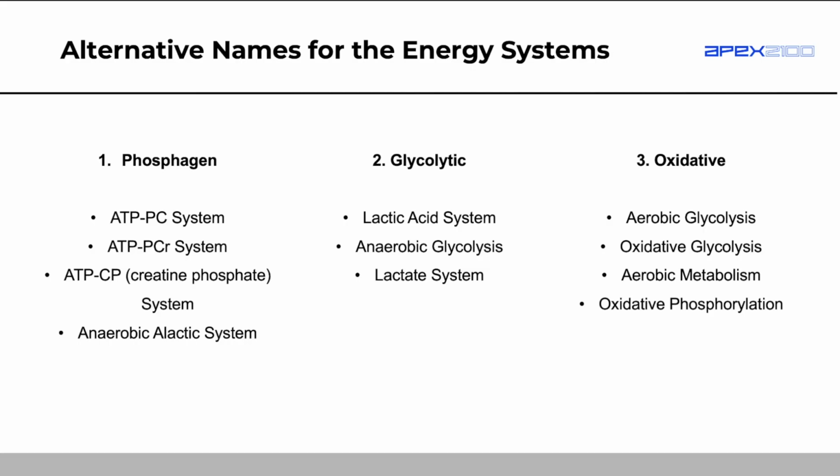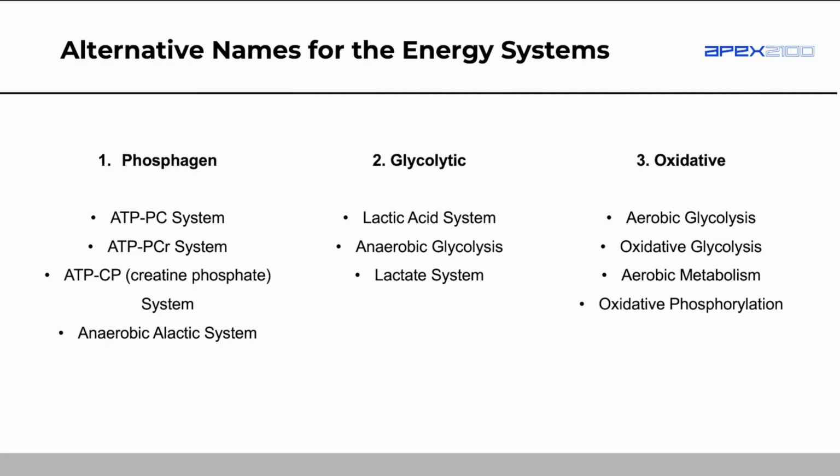But just notice that, for example, the phosphagen system is also known as the ATP-PC system, the ATP-PCR system, the ATP-CP system, so they've just switched the P and the C around there, and the anaerobic alactic system. The glycolytic system, you might have heard of it as anaerobic glycolysis or the lactic acid system.